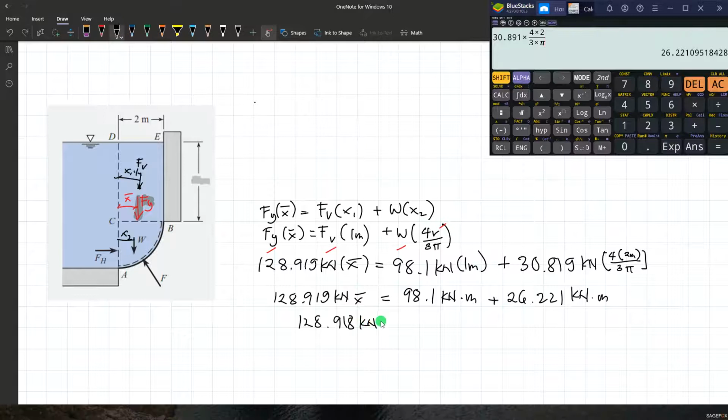So 128.919 kilonewtons bar x plus, just add 98.1, that's 124.321 kilonewton meter. Divide both sides by 128.918 kilonewtons.